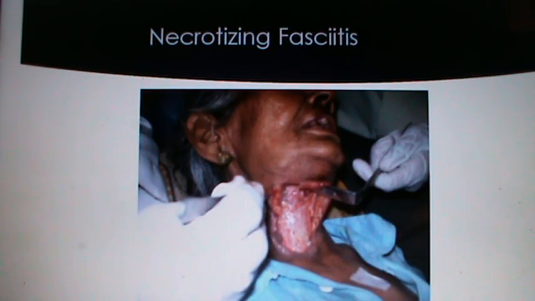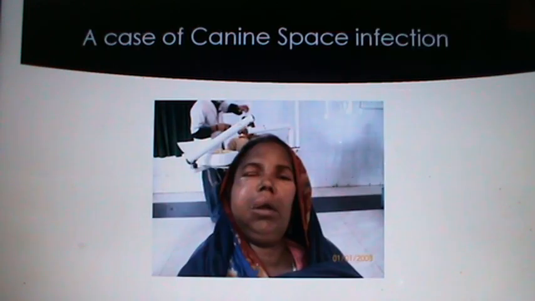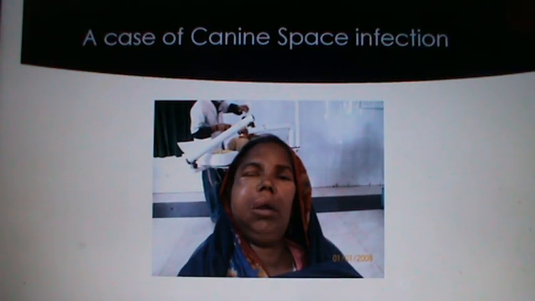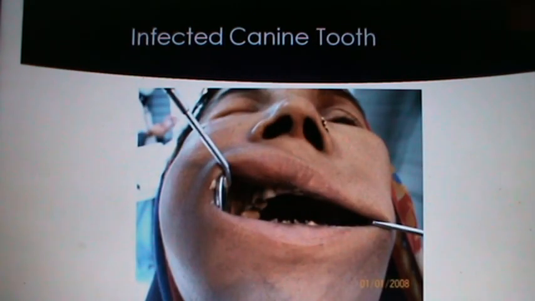This is a case of Ludwig's angina which may result in necrotizing fasciitis if care is not taken. This is another case, a canine space infection, in which there is involvement of the canine teeth. Because of this there is a swelling, and it affects the overall health of the patient.